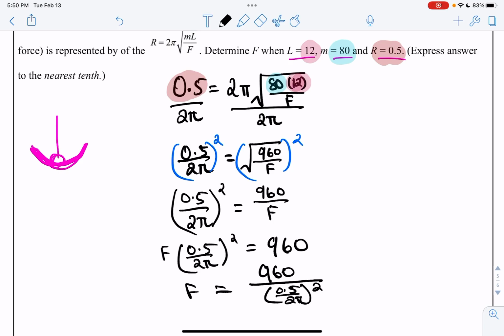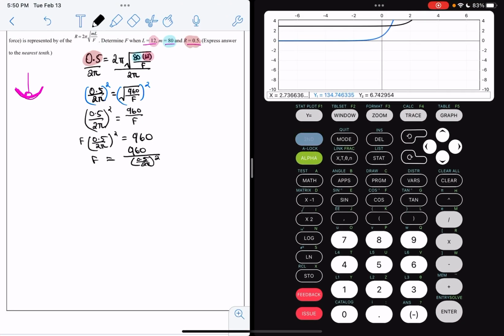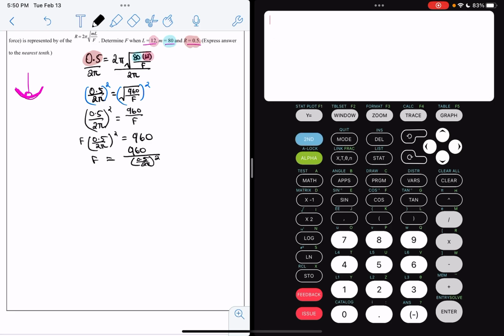I know right now it seems like, wow, what's going on? There's too much fraction, but we're going to do it with the help of our calculator. Alpha y equal, enter 960, and in the denominator we have another fraction, alpha y equal. Let me put a big parentheses around it, exactly how I wrote it: 0.5 over 2, second caret gives us the pi, close parentheses, and exponent of 2.